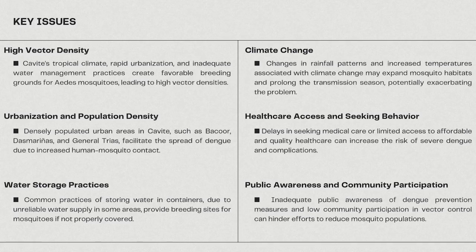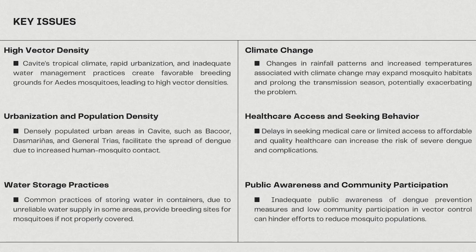Urbanization and population density, where densely populated urban areas in Cavite such as Bacoor, Dasmariñas, and General Trias facilitate the spread of dengue due to increased human-mosquito contact. Water shortage and water storage practices, where common practices of storing water in containers due to unreliable water supply in some areas provide breeding sites for mosquitoes if not properly covered.